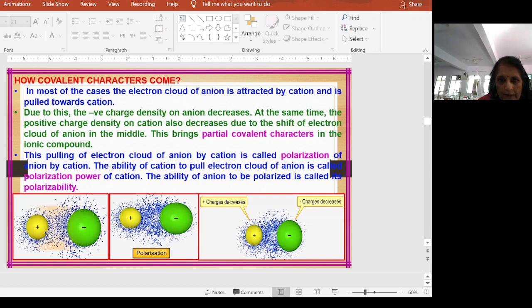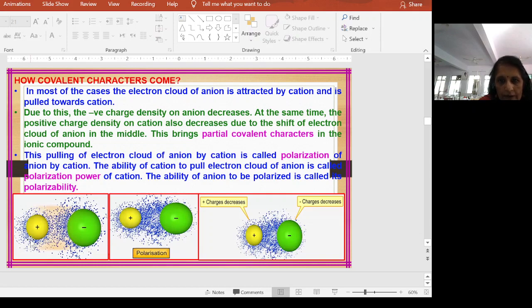Due to this, what will happen? The negative charge density on the anion will decrease because it is being pulled by the cation. At the same time, the positive charge density on the cation will also decrease due to the shift of the electron cloud of the anion in the middle. This gives rise to partial covalent character in the ionic compound.